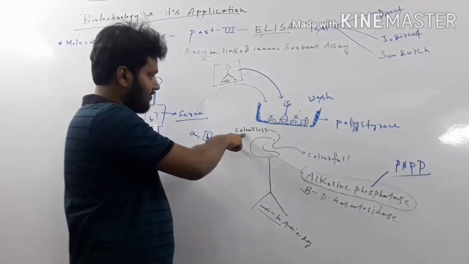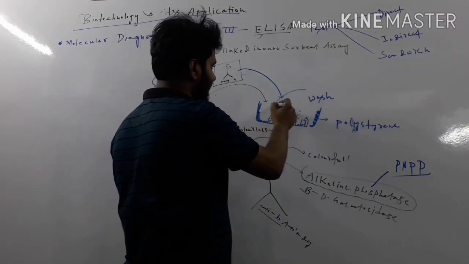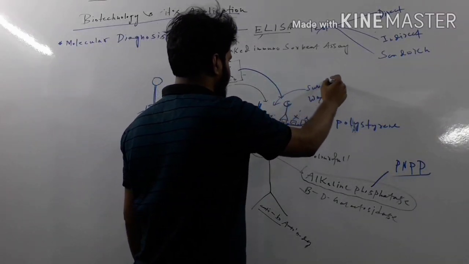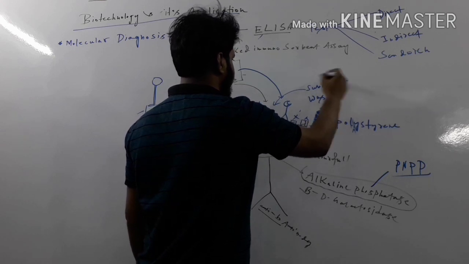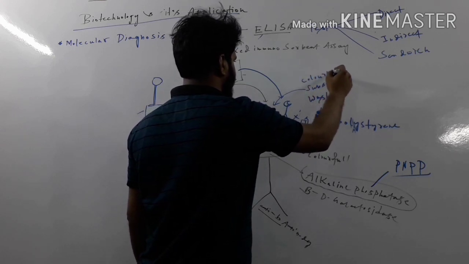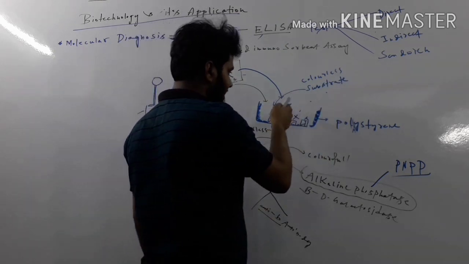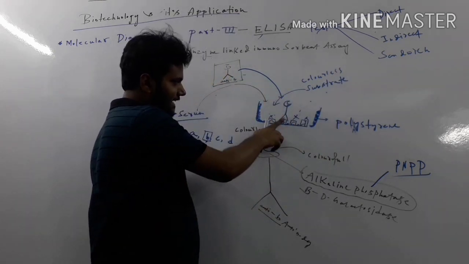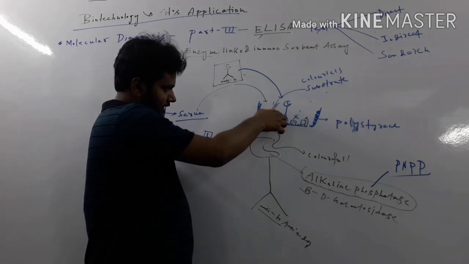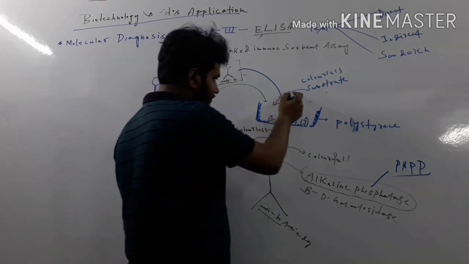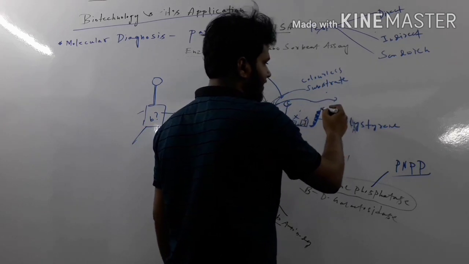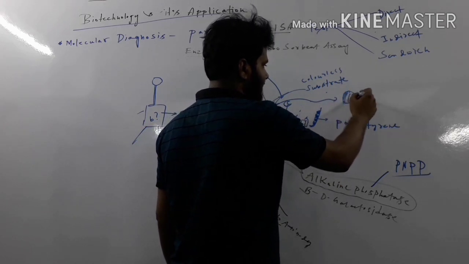Now add that colorless substrate. If the antigen-antibody complex has been formed, then obviously this colorless substrate will form some colorful substrate.